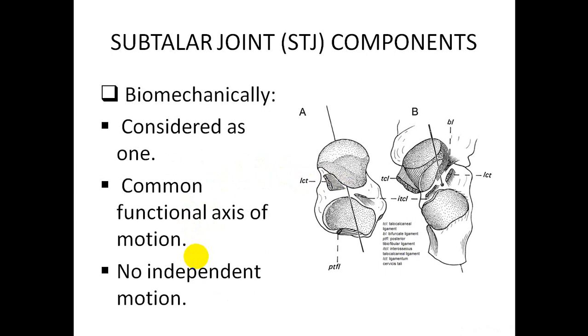But biomechanically, these three articular facets work together as one joint with a common functional axis of motion, with no independent motion. Imagine the room door. The room door has three hinges lying on the same line, but all perform one function, which is opening and closure of the door.